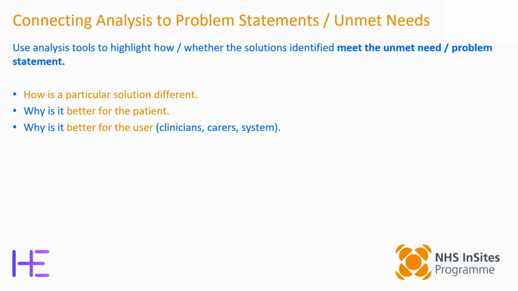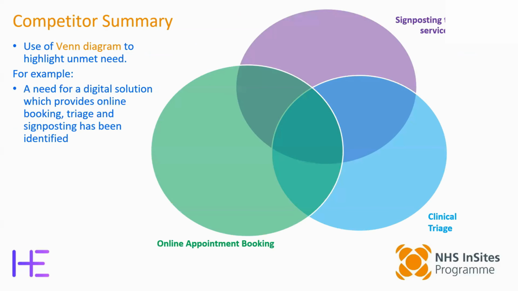One example from a competitor summary is the use of a Venn diagram. You can see overlapping needs and see which competitor fits into which space, because you might want something that combines all. You might want something in that sweet spot.